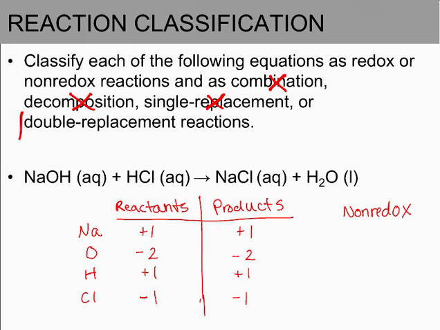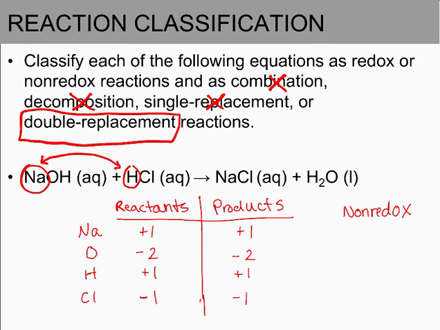So that means we have a double replacement reaction. And you can kind of see how that's working here. So sodium and hydrogen are switching places. So we end up with NaCl, sodium chloride, and H2O, water.